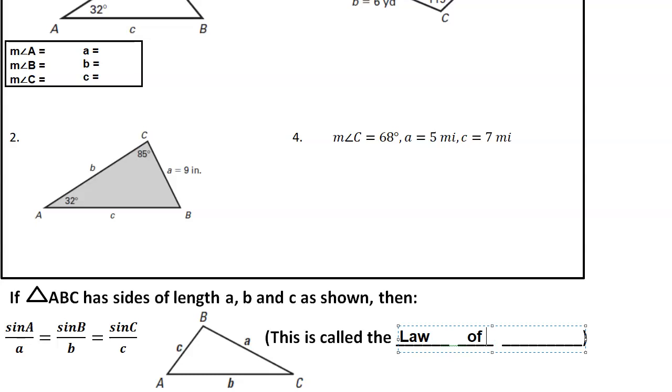Not signs like a yard sign. It's the law of sines. All right, so what does it look like, and when can we use it? And why in the world do we have an equal sign and then another equal sign? Those are all great questions, and we're going to get to it.